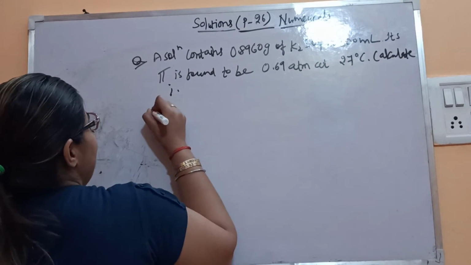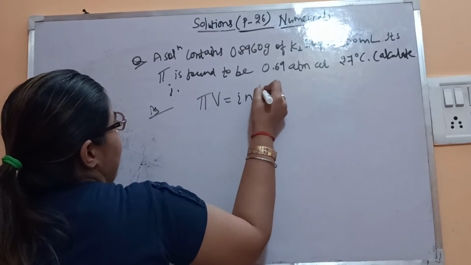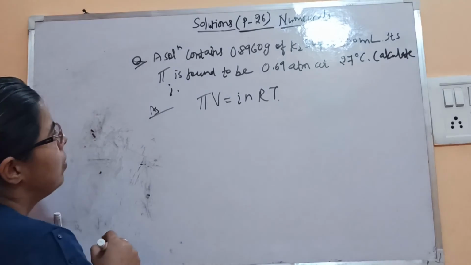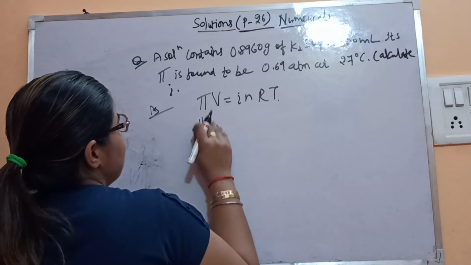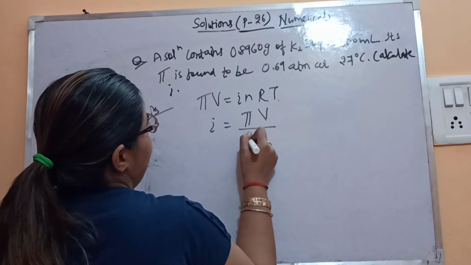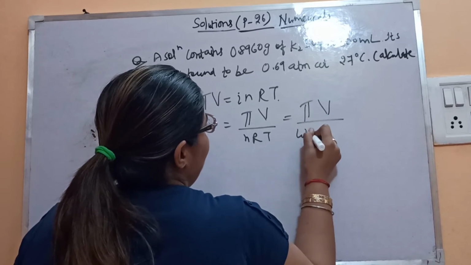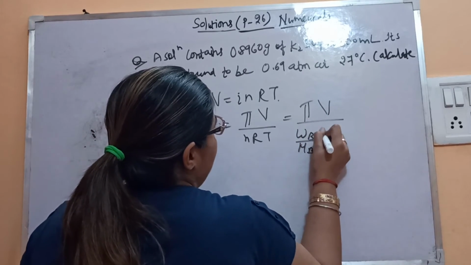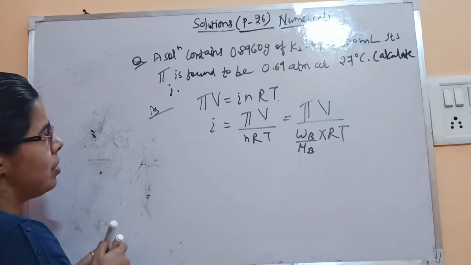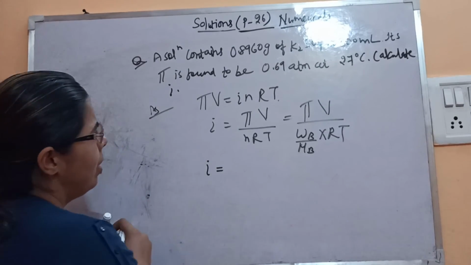So apply the formula pi V is equal to i nRT. Expand this: i is equal to pi V divided by nRT, that is pi V divided by Wb by Mb into RT. So substitute all the values, or directly we'll calculate.